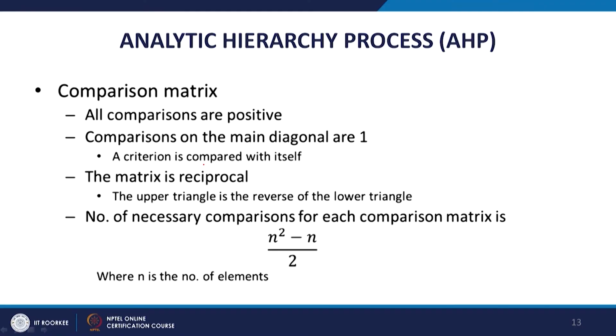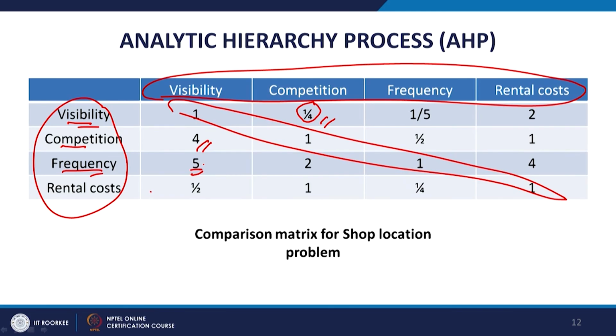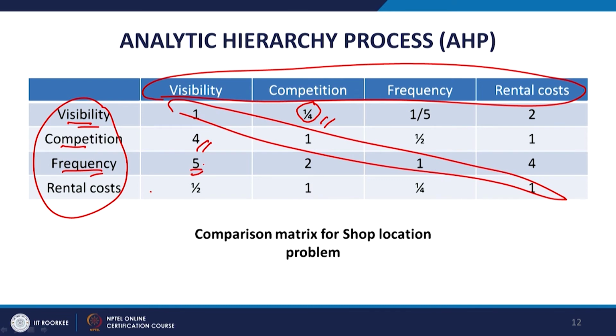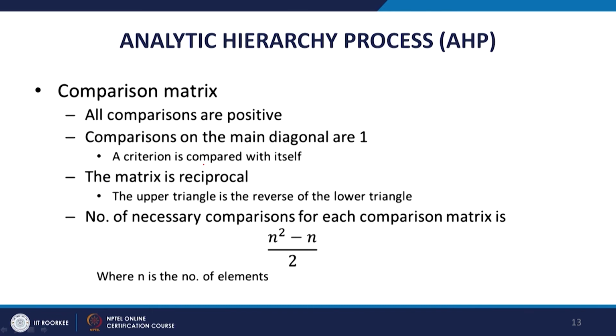Then if we want to find out how many comparisons one has to perform, we can derive that using this formula: n square minus n divided by 2, where n is the number of elements. If we look at the previous matrix, this was for criteria, a 4 by 4 matrix, so we had 16 values in this matrix, which is reflected by n square.